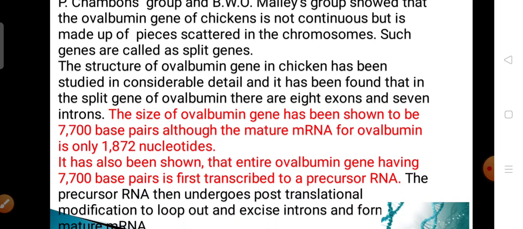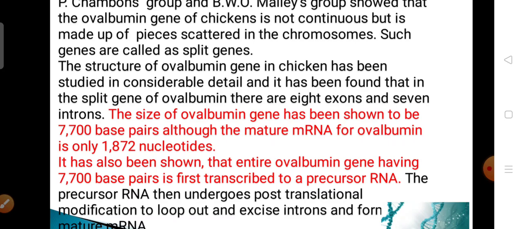It has also been shown that the entire ovalbumin gene containing 7,700 base pairs is first transcribed into a precursor mRNA. All 7,700 base pairs form a complementary precursor mRNA.